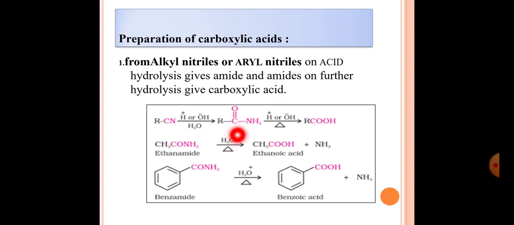Okay, amide converting to acid, but how? It is on further hydrolysis. Further heating is required, and further hydrolysis of this amide converts it to C double bond O OH, that is, NH2 here becomes OH. So that is the formation of carboxylic acid from alkyl nitrile.